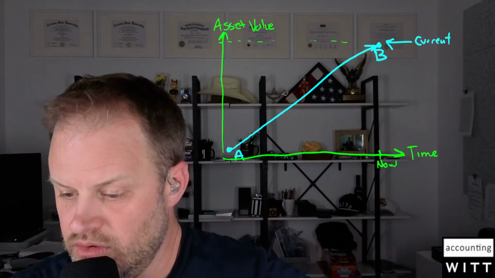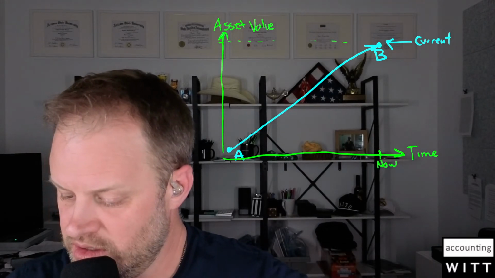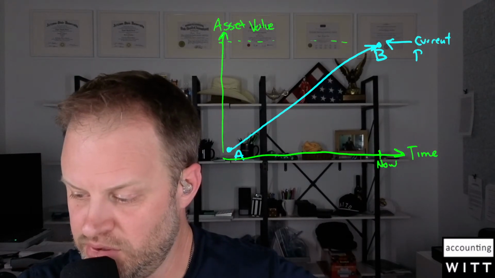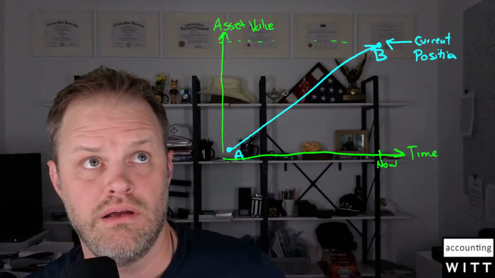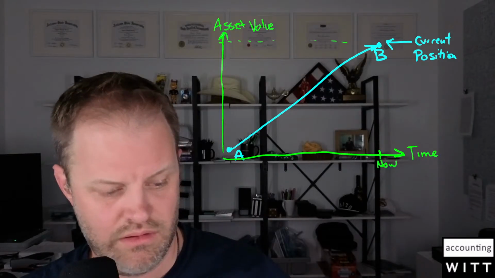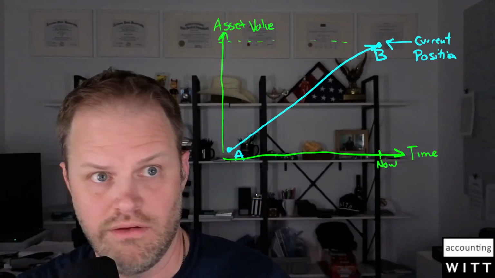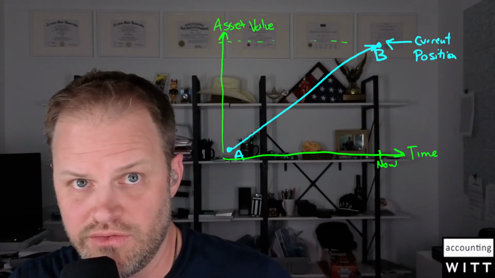So what the financial statements are telling you is the current position. Because if you remember, the whole statement here is the financial performance and financial position. So financial position is the current value of the assets.